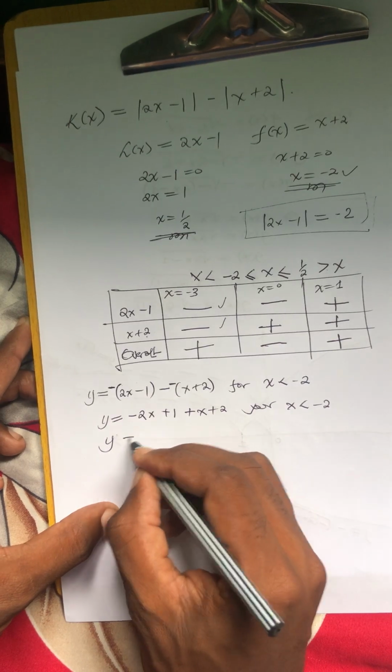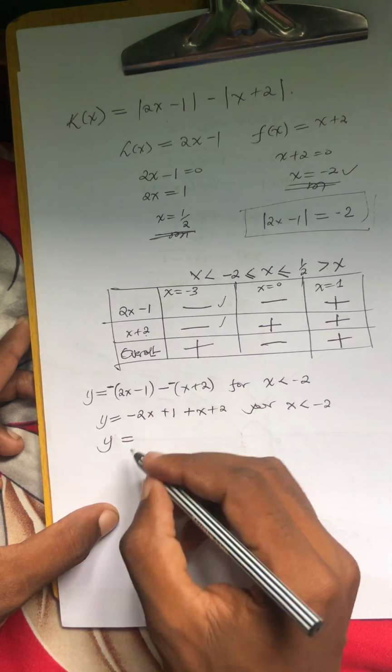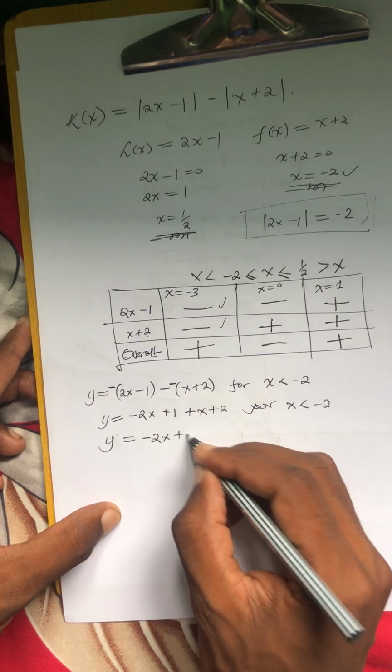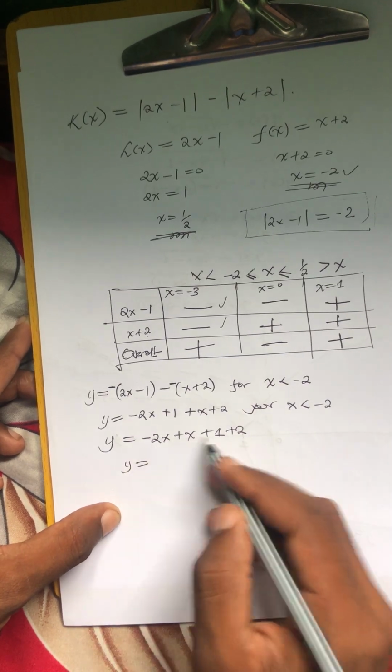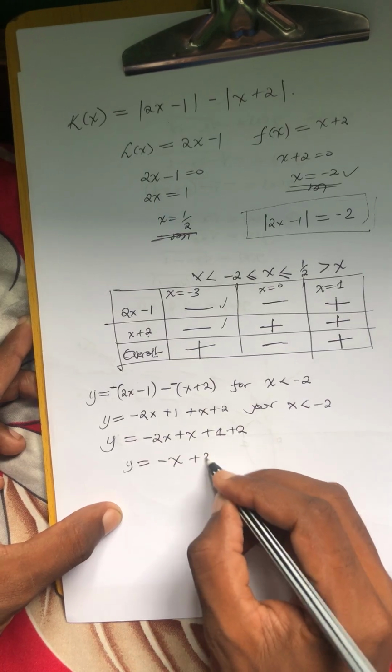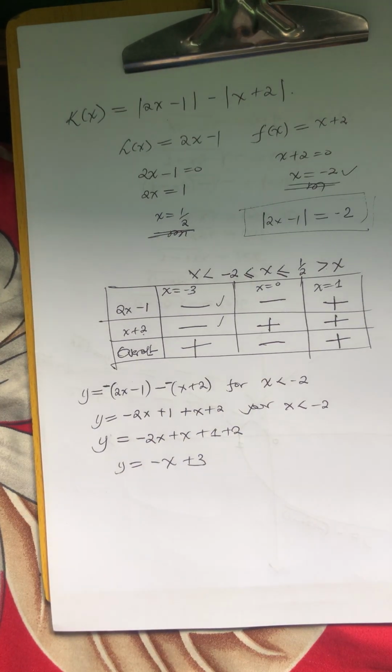This and this are like terms, so you collect the like terms as usual. Then y is equal to minus x, then plus 3. So we have one region.